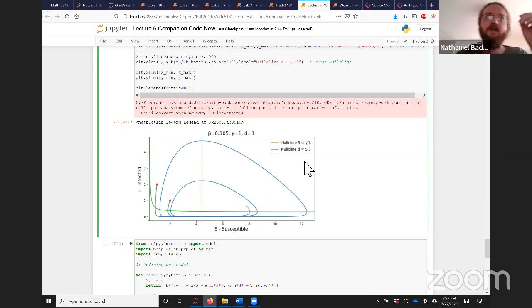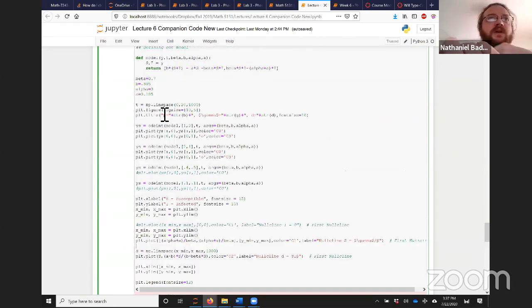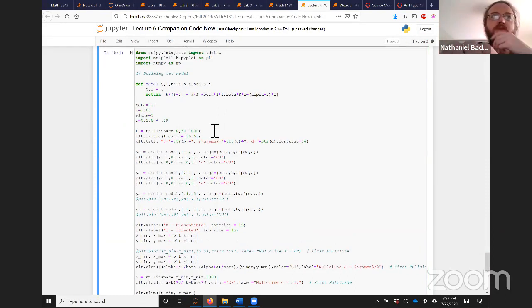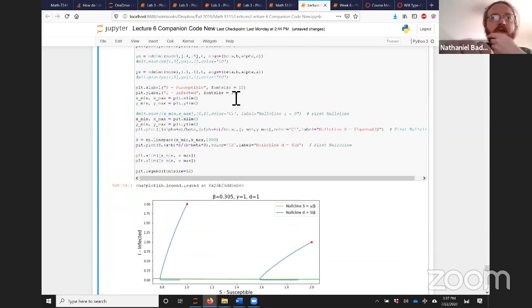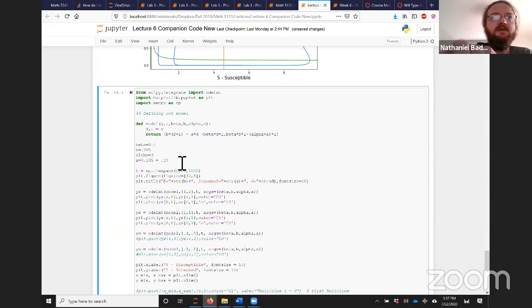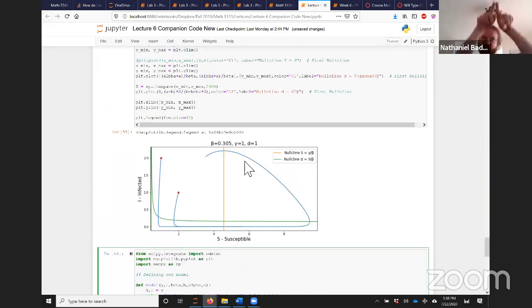And then we can ask ourselves, what happens as we change alpha? As we add a little bit, add 0.1, we get some sort of weird cyclic behavior. So we add 0.1 and we still get cyclic behavior.